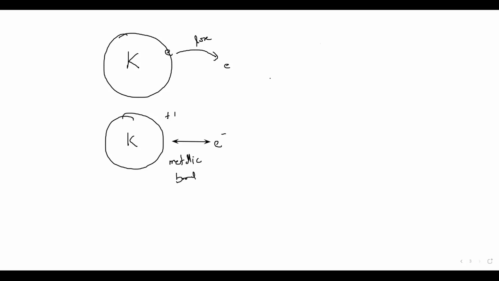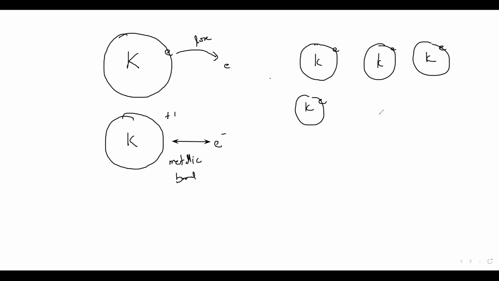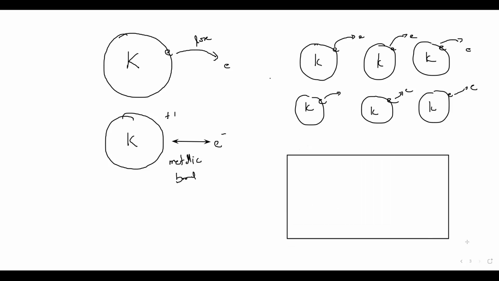Structure of the metal, look, you will have lot of potassium. You don't have one potassium, you will have millions or trillions of potassium atoms in the structure. So when these potassium are losing the electron, how will the structure appear?